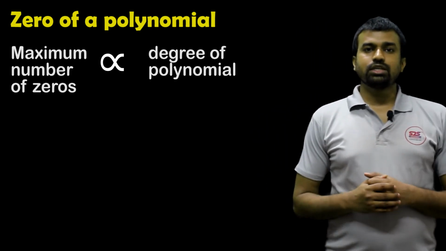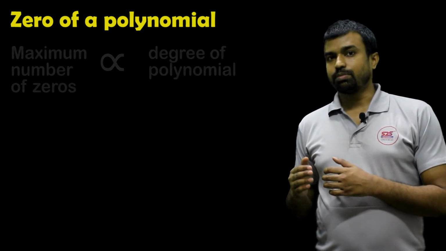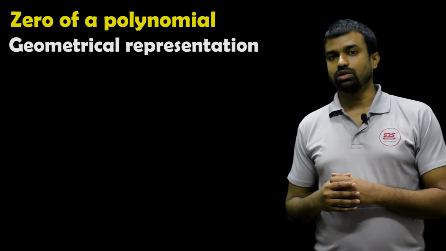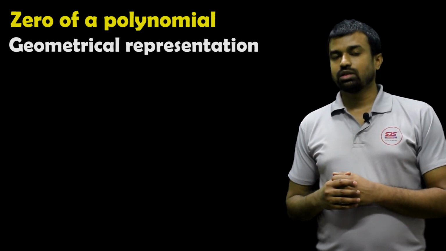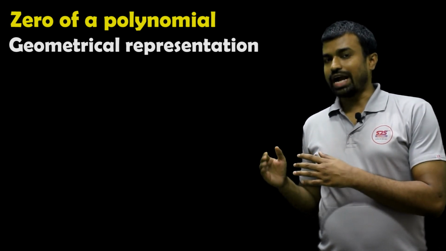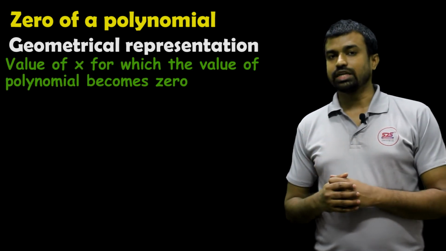Now let's see what the zero of a polynomial represents geometrically. So, the geometrical representation of zeros of a polynomial. Zeros of a polynomial tell us that at a particular value of x, the value of the polynomial is 0.